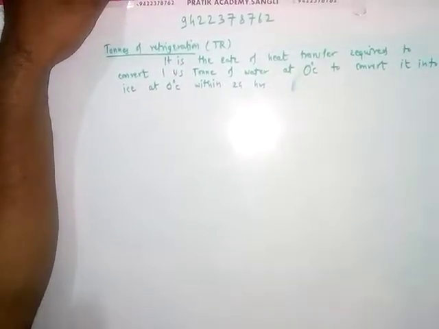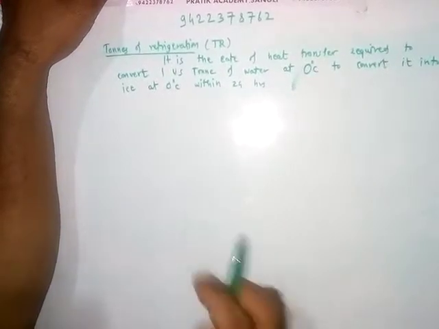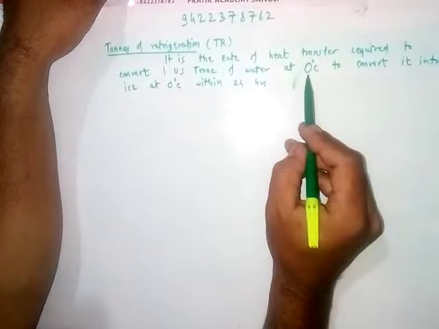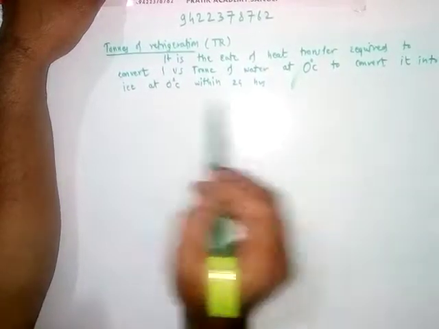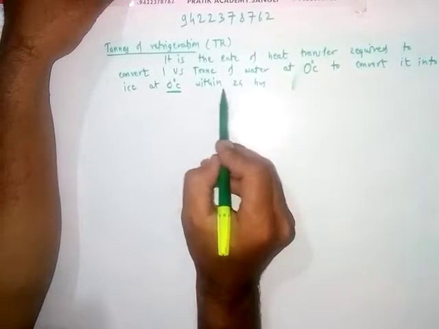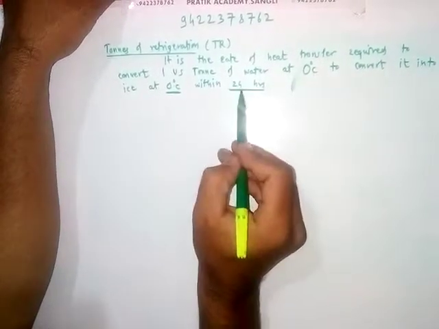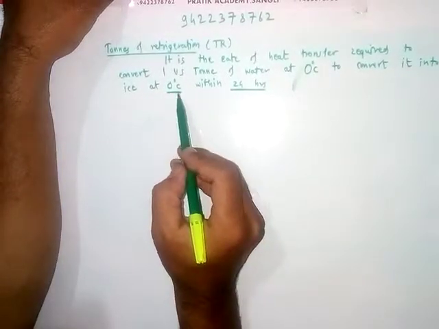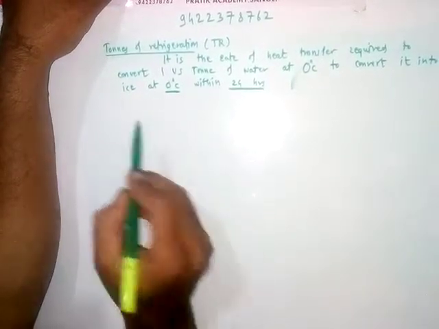The heat rate required is such that we have to convert 1 US ton of water, which is at 0 degree Celsius, into ice again at 0 degree Celsius and within 24 hours. So there is a time limitation, a temperature limitation, and a mass limitation.